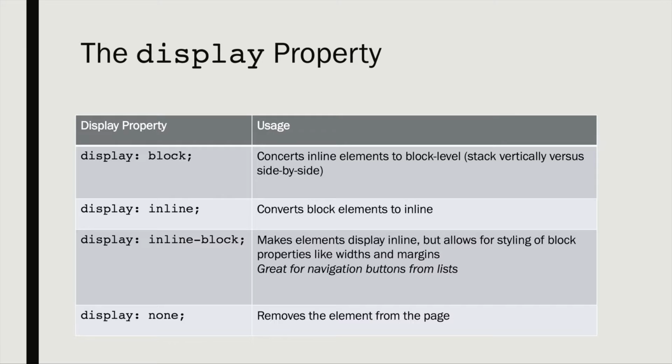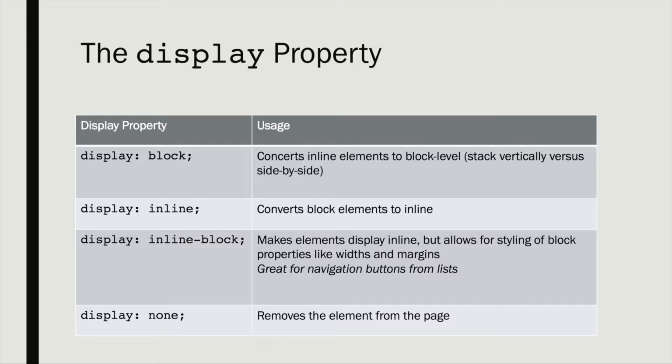The display property is probably one of the most common properties in CSS. This actually allows you to display items inline, block, inline and block, or even remove the element from the page. By saying display block, this converts inline elements to block level. Basically, it stacks elements vertically versus side by side.